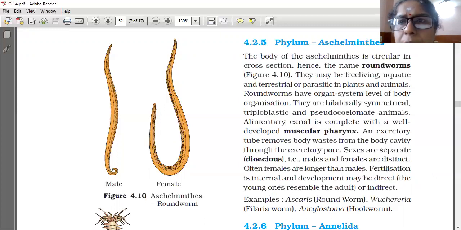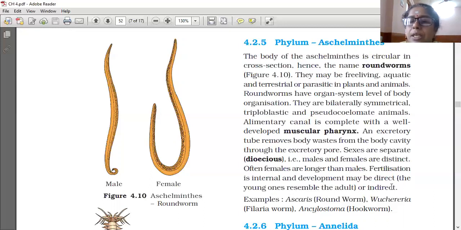What is a larva? A larva is the young one which is not similar to the parent organism. Example, a tadpole. The tadpole is the larva of a frog, but it does not look like a frog; it looks somewhat like a fish. So here, where a larva is not there, the young one resembles the parent or adult.